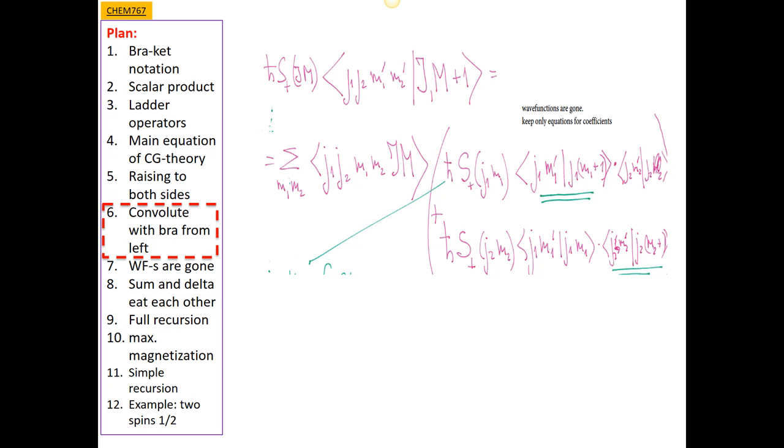M1, M2, repeating unchanged J1, J2, M1, M2, J vector, M capital. And here I am missing S plus of J1, M. Here I need S plus of J2, M2. And now I'm placing this artificial bra, J1, J2, M1 prime, M2 prime, convoluted with J1, M1 and J2, M2 plus 1.